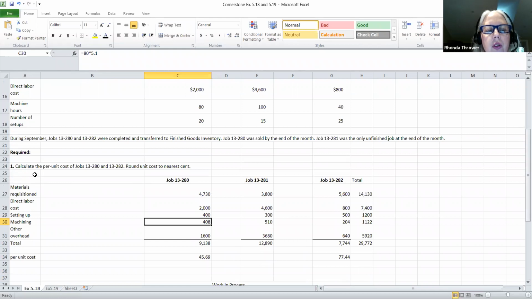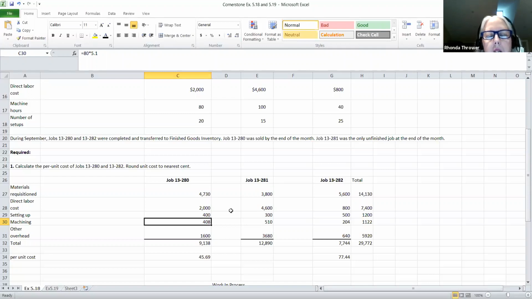So what they want you to find in the first requirement is to calculate the per unit cost of jobs 280 and 282. Well, I set this up as a table, and I went ahead and included job 281 in the table too, even though it didn't ask for the unit cost of job 281. Basically that was because it was unfinished at the end of the period.